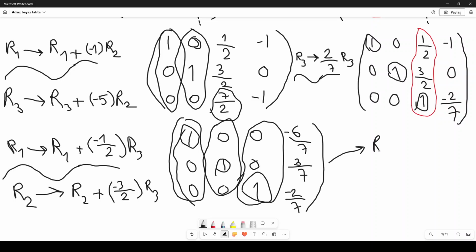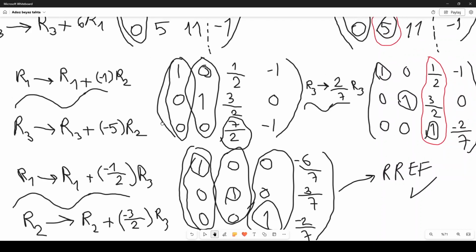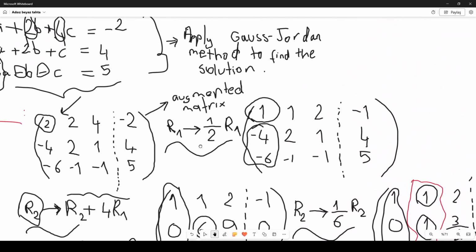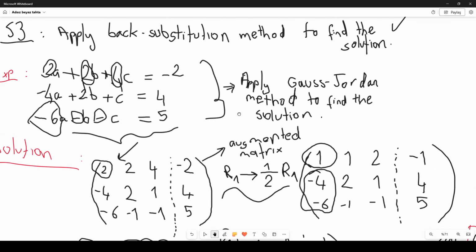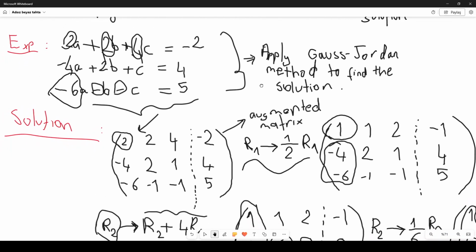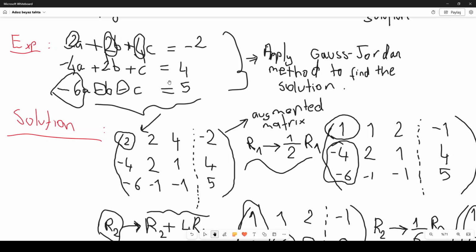Now our matrix is in reduced row echelon form as desired, and we are almost done with the Gauss-Jordan method. We applied the technique of Gauss-Jordan method because we started with, okay, let's go back again. This is the original system given to us in the beginning, right?